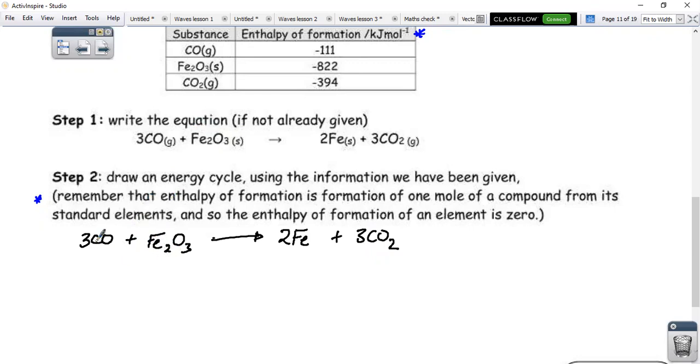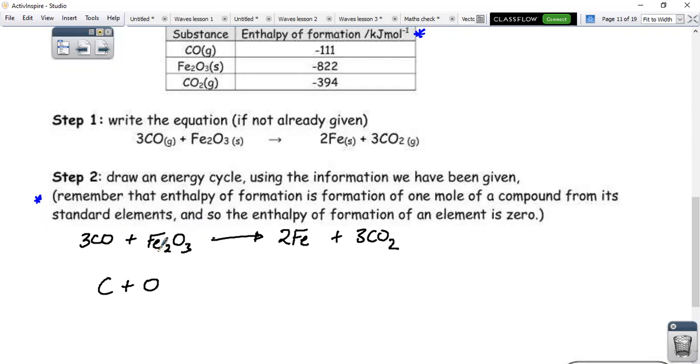So what can we form this carbon monoxide from? What elements do you think we need to form the carbon monoxide from? Carbon, oxygen. Correct, carbon and oxygen. So carbon plus oxygen. Now we've dealt with that. What about the iron oxide? What elements do I need to form the iron oxide?